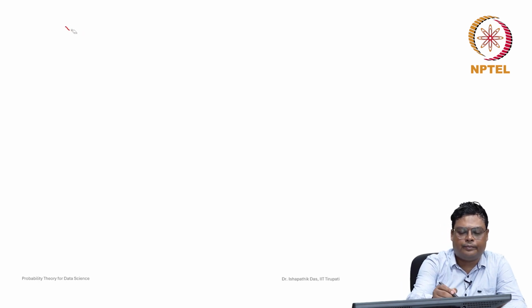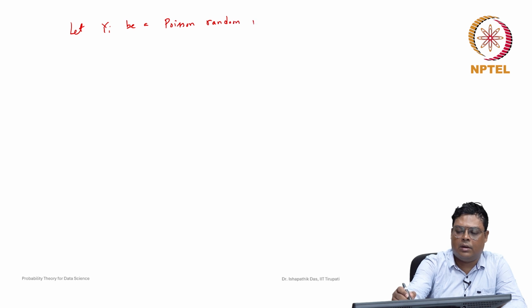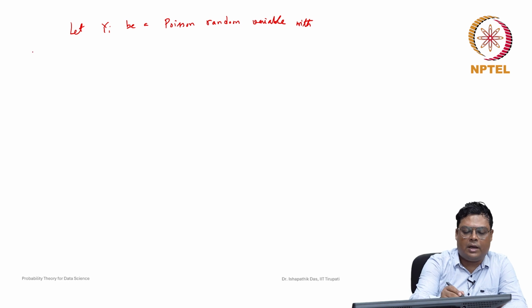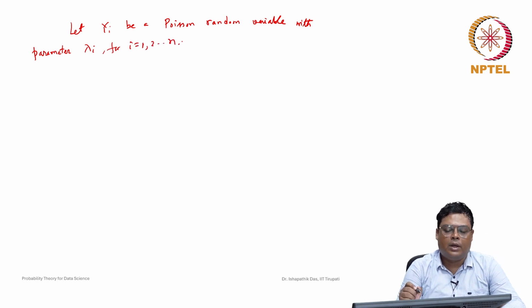Let yi be a Poisson random variable with parameter lambda i for i equal to 1 to n. Note that the lambda i are different, so the yi are not identically distributed random variables. Identically means that they have the same distributions.